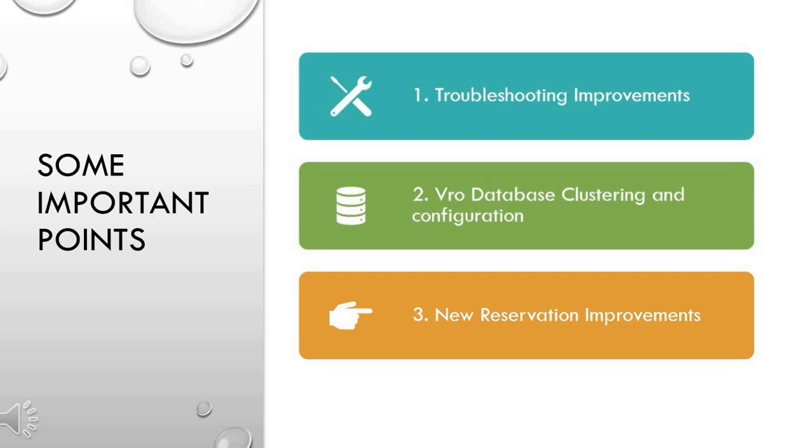Second, vRO database clustering configuration. The external vRO virtual appliance has been updated in 7.5. You can no longer upgrade to the orchestrator appliance. You can only migrate to the embedded one provided with vRA or to another vRO 7.5 virtual appliance. A new migration wizard available in the WAMI enables migration from an external vRO to the embedded vRO deployed with vRA.